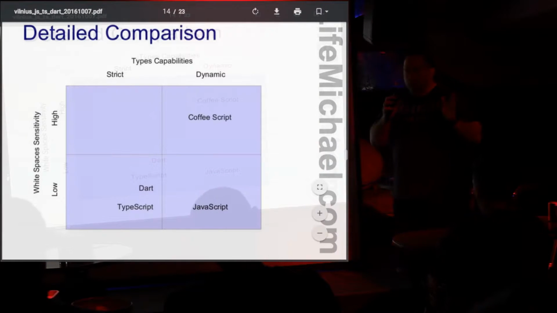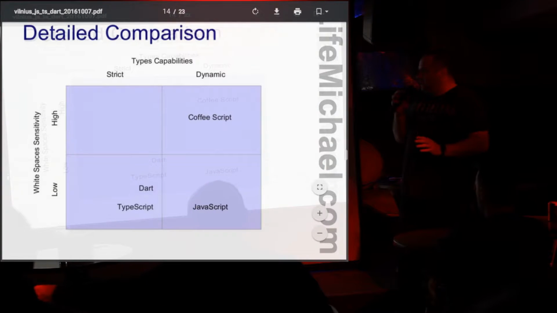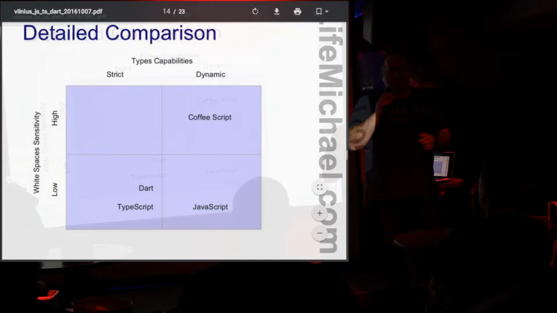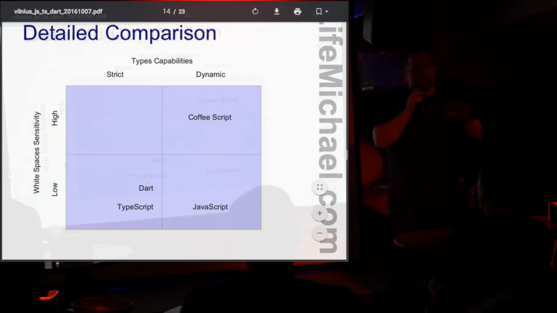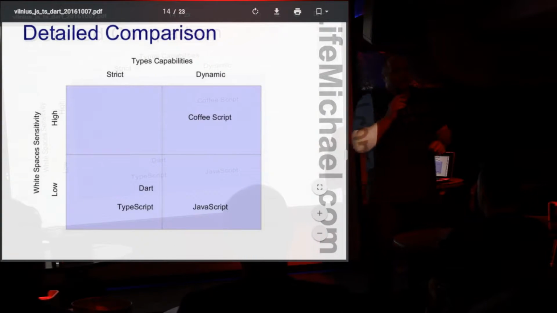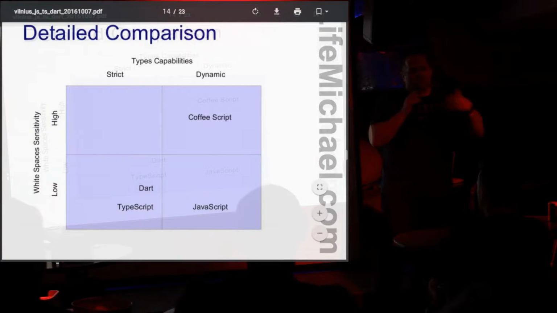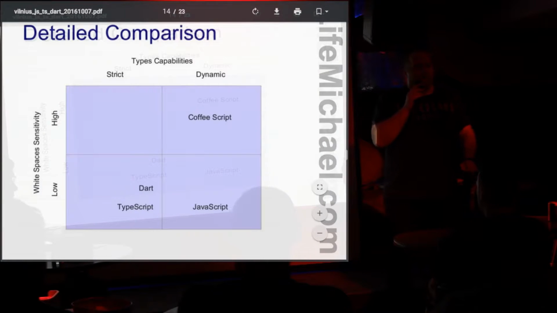Now, if we try to compare those programming languages when it comes to using types, by the way, how many of you feel that using types is critical, is very important for the success of the development of their project? Who feels that way?